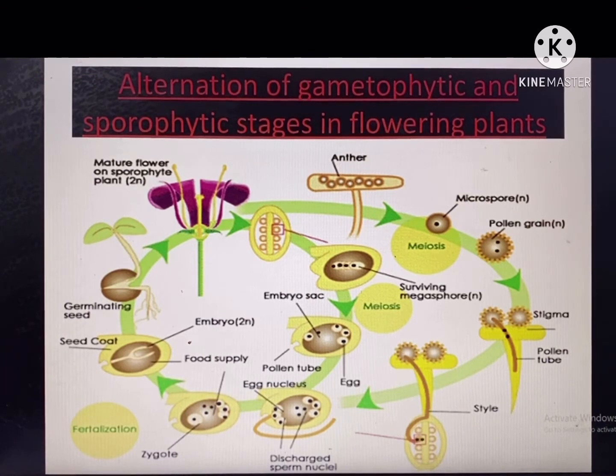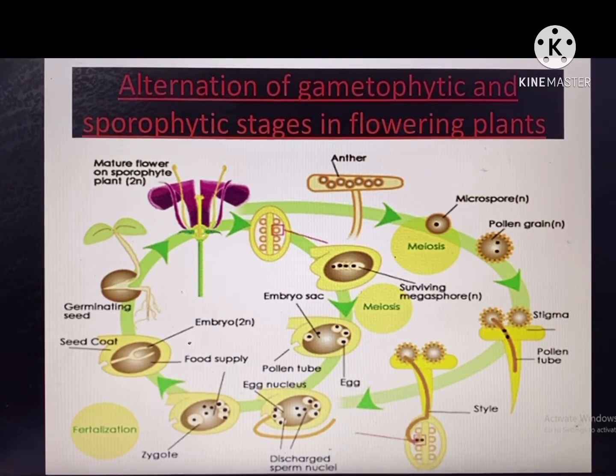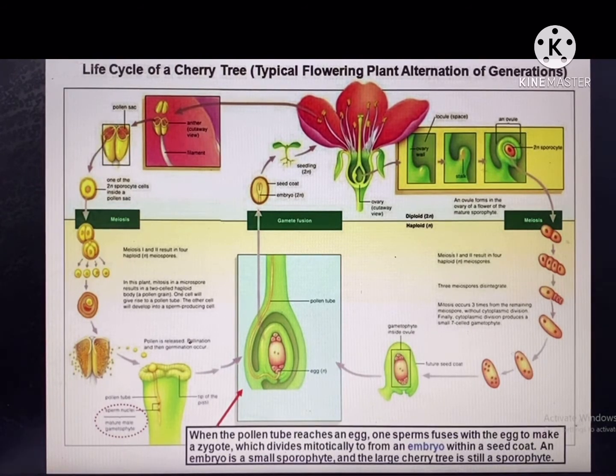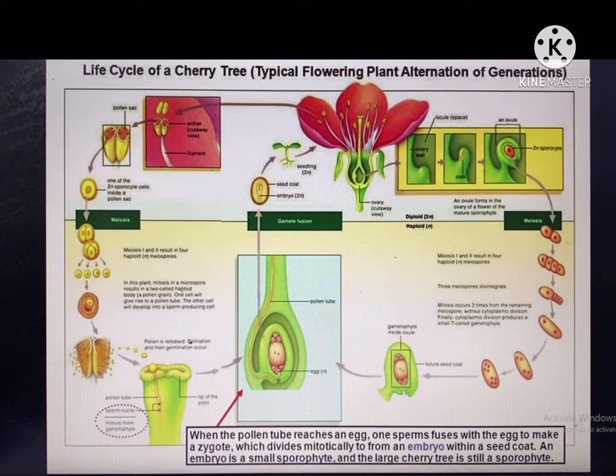We will know the detail about this in the next slide. However, that's the overall life cycle of a cherry tree or typical flowering plant, showing the alternation of generations. So you can take a screenshot there, and make your own note by following this diagram.